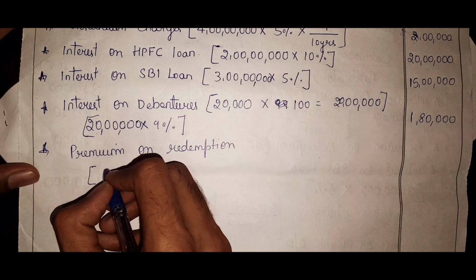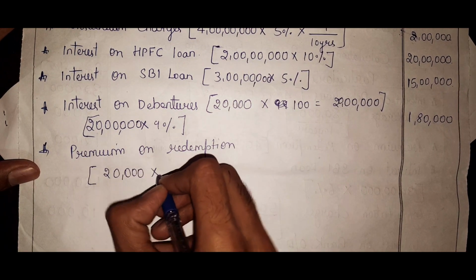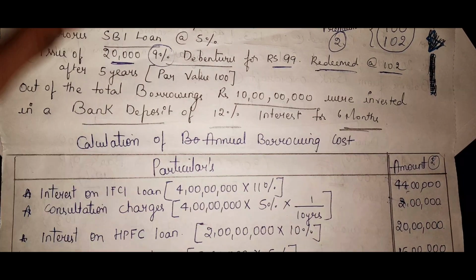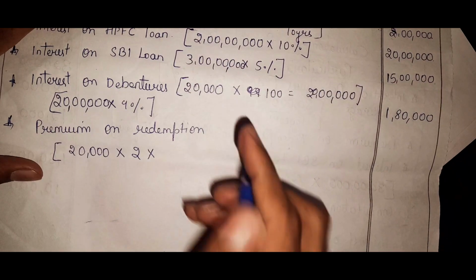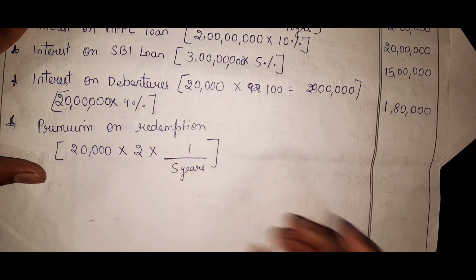So totally how many debenture holders are there? 20,000 debentures. For each they have given 2 rupees premium, and it is for 5 years. We want only for 1 year.